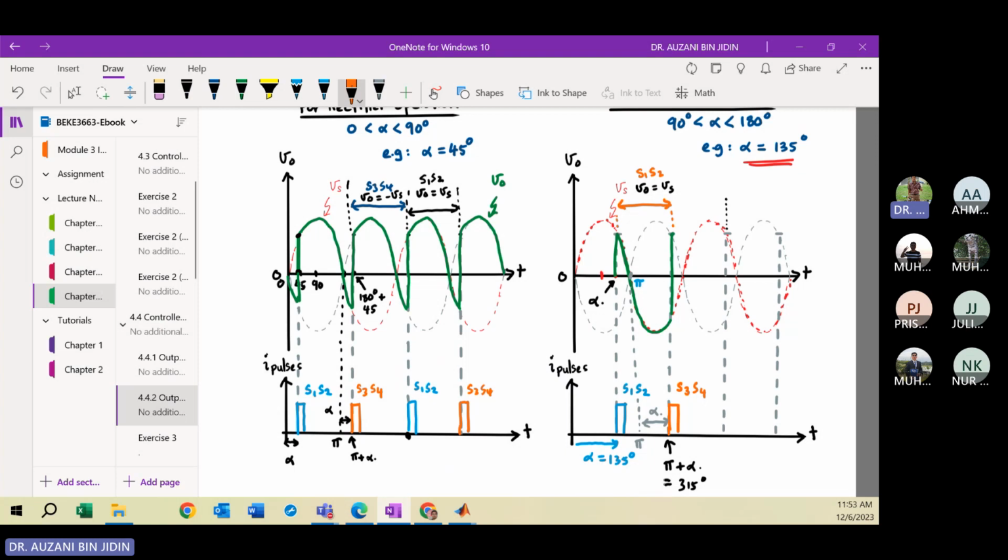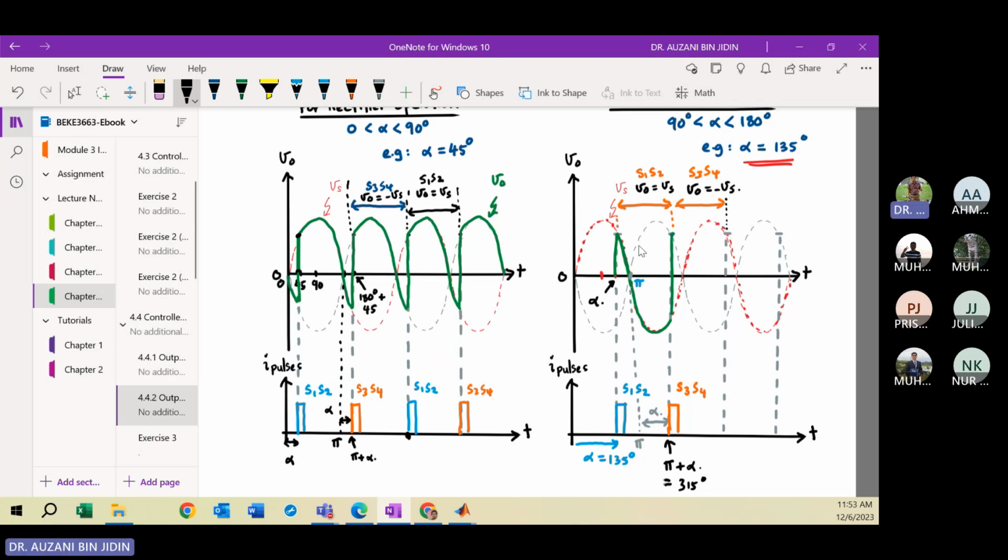So during this angle, now your S3 and S4 will be conducted, right? Where your output voltage will be minus VS. Minus VS, the inversion of the source voltage.